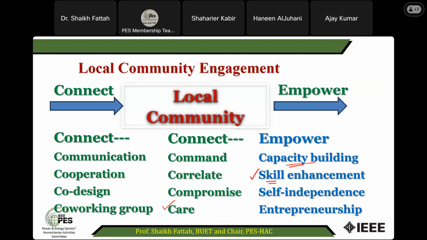Expansion can also sometimes be done by the community if needed, and they feel self-independent in running that facility. It will be a great success if you enhance their skill and capacity so that they can scale the project to nearby villages by themselves, and even take it as an entrepreneurship opportunity.